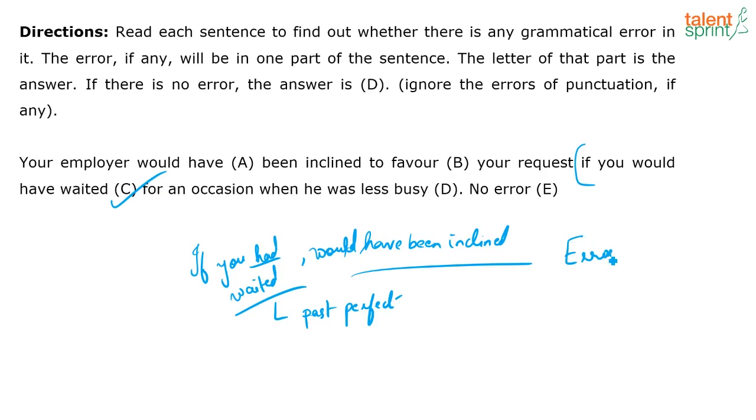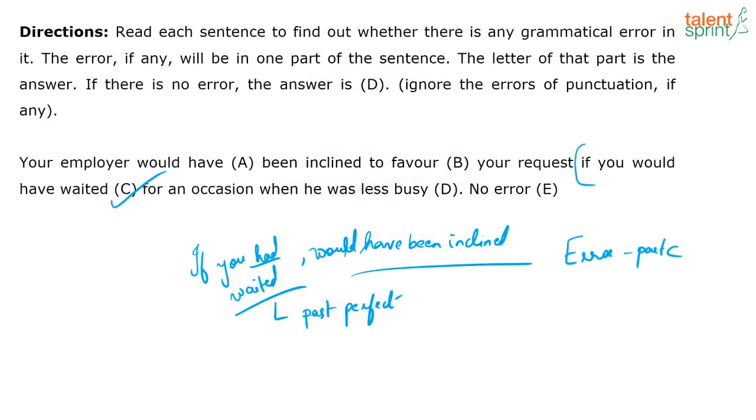So don't get confused when the clauses are interchanged, as in the positions of the clauses change. What do I mean by clause? One complete thought, right? For example, your employer would have been inclined to favor your request is one clause. If you would have waited for an occasion when he was less busy is another clause.